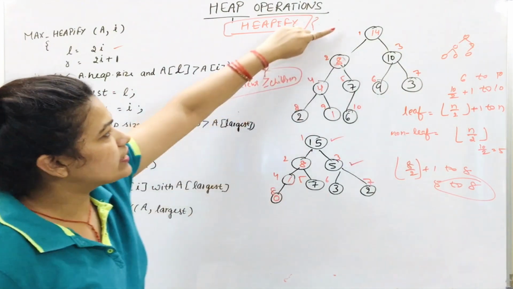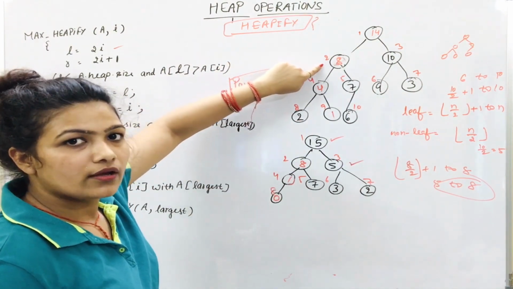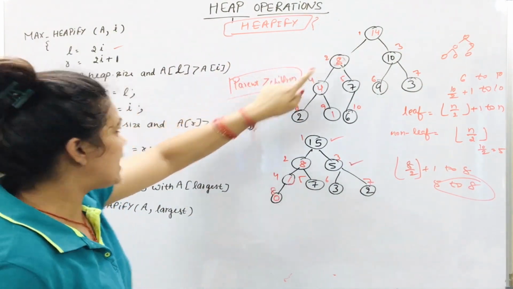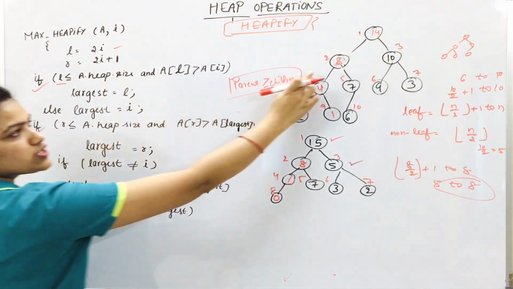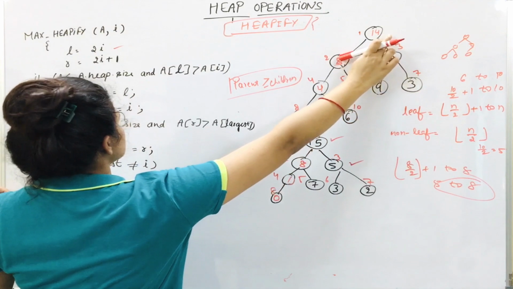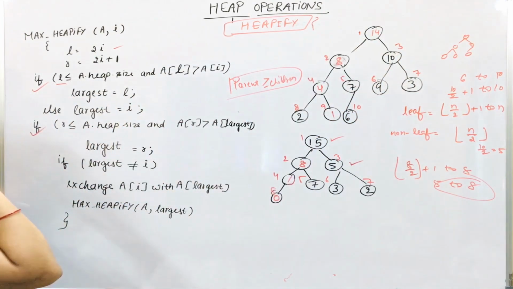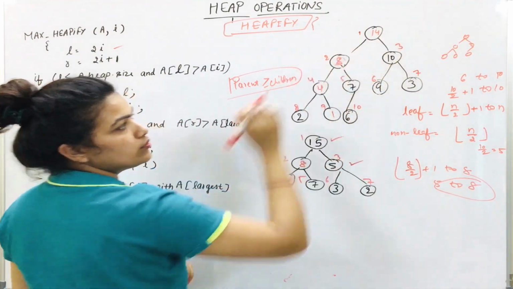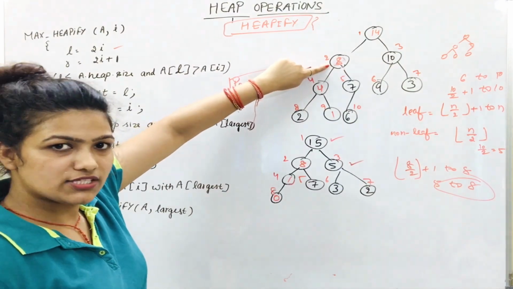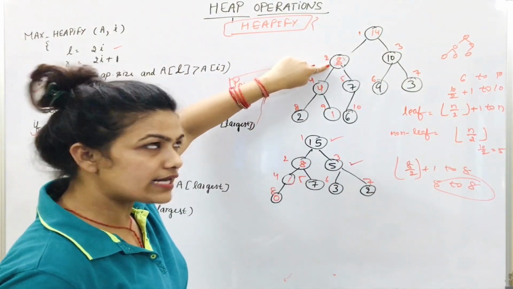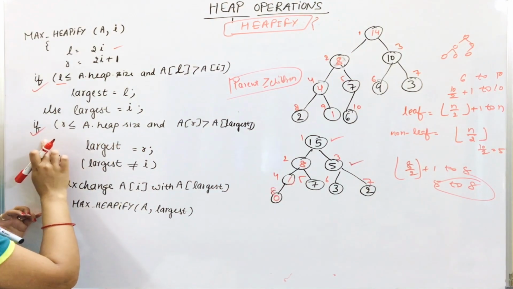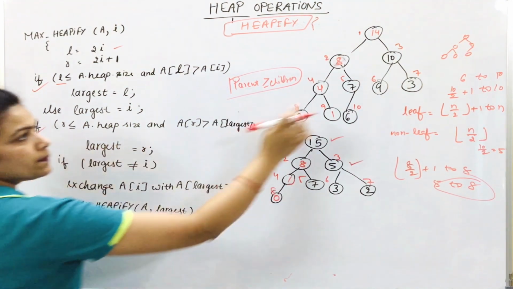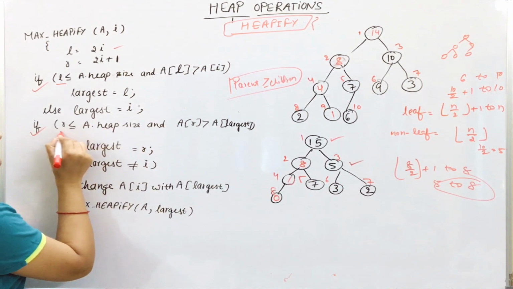Then we are comparing whether this is greater than this, and if this is greater than this is largest, left largest. If this is not greater, means this one is larger. Simply, firstly we are comparing these two, and if this is larger, means largest is this. Otherwise, if this is not largest, largest is this. Simply. Now in the second comparison, what we are comparing? Simply, R is less than heap size. See these two things.